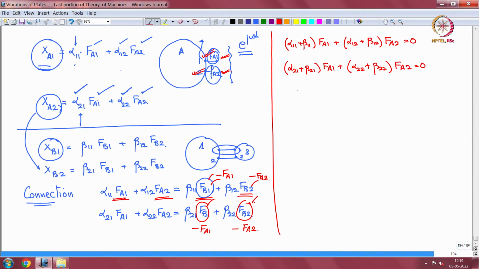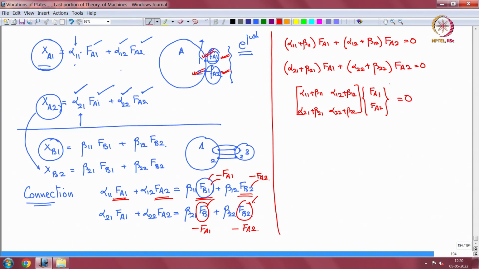If we now put it in a matrix form, we have the matrix of alpha 11 plus beta 11, alpha 12 plus beta 12, alpha 21 plus beta 21, alpha 22 plus beta 22, times FA1 FA2 equal to 0.